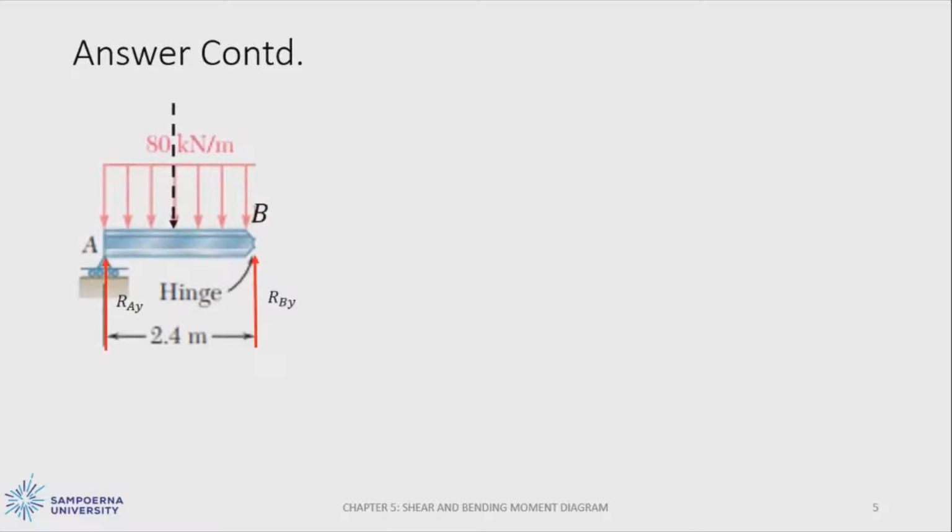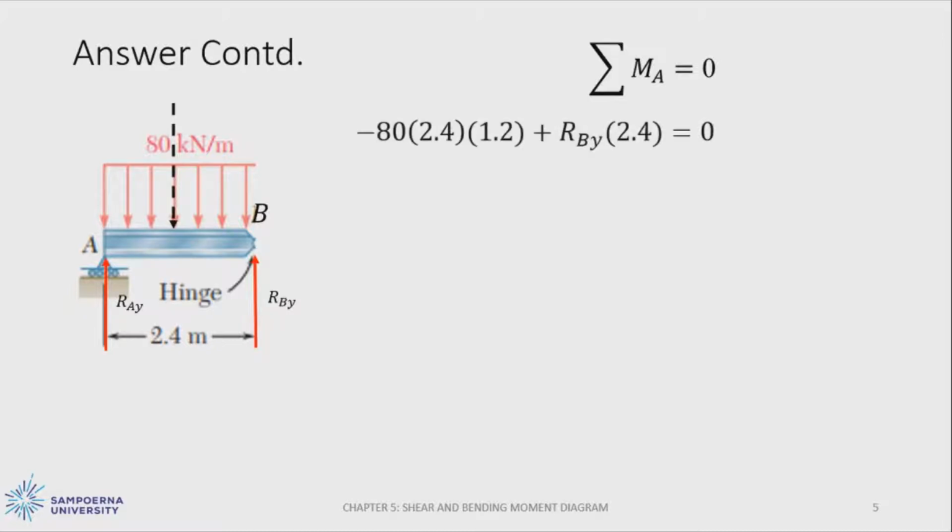Then we go to the first section of the beam. We already neglect the reaction forces at x direction, so there will be only reaction forces at y direction. There is a reaction force at A and reaction forces at B. We can find the reaction forces by using a moment. Now we're using the moment at A equal to 0.